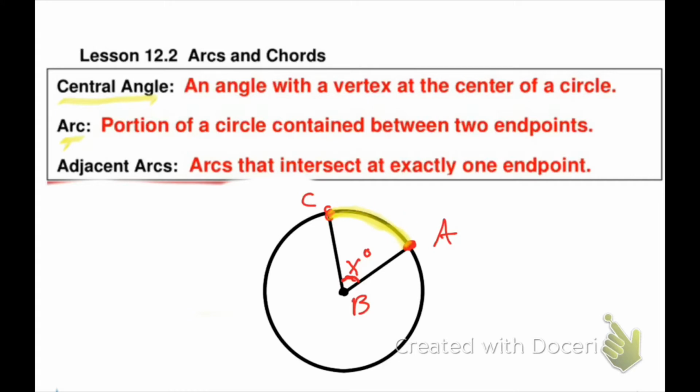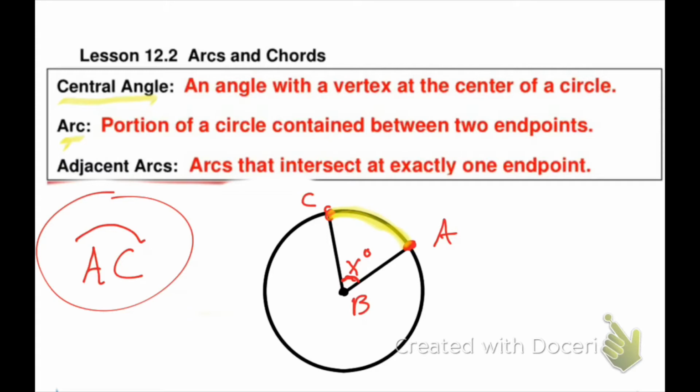That's what we call the arc. Now, how do we notate this? Well, I'm going to say this would be arc AC. So it's just a little curve like a frowny face, an upside down smiley face. But that's arc AC.